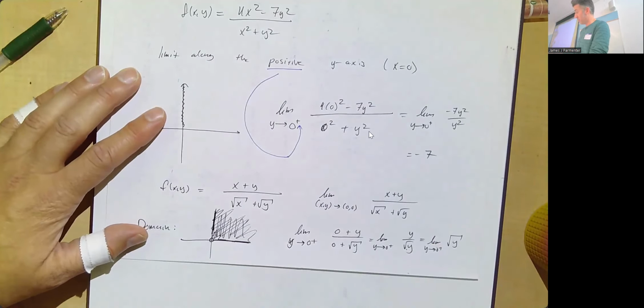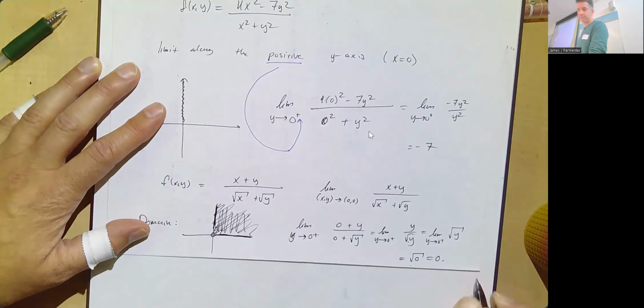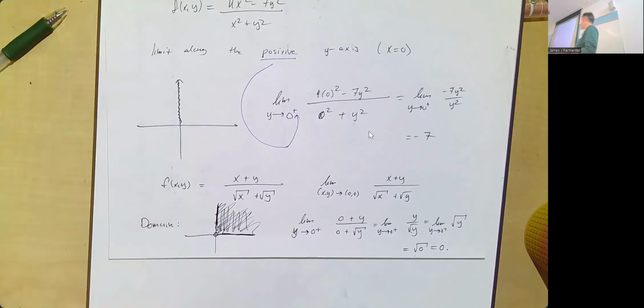And then you can plug in 0 and get the square root of 0, which is 0. So along that path, the limit is 0. Along another path, the limit's going to be 0. I don't know what the limit actually is. It might be 0, but we don't have enough evidence to make a conclusion based on knowing these two paths, or one path gives us 0.